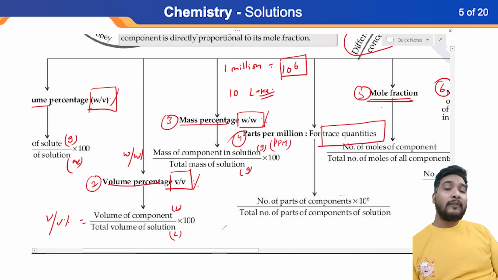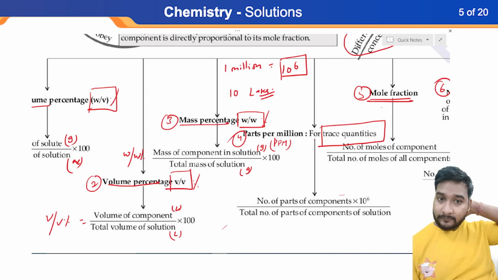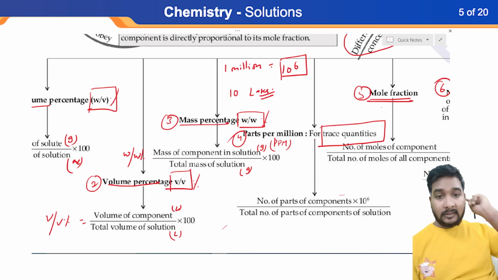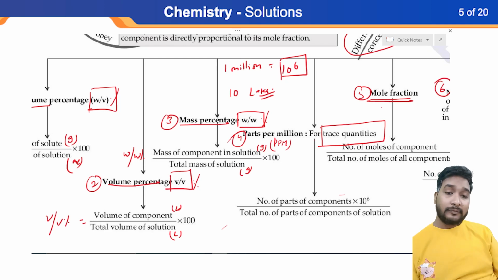Suppose I have one bucket with a capacity of 10 liters, and I have filled it with water. In that 10 liters of water, I have mixed one fingertip of salt, or we can say only 1 gram. I am mixing only 1 gram in 10 liters of water. So this is called a trace quantity of solute.